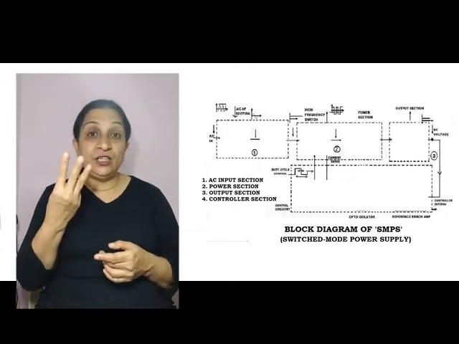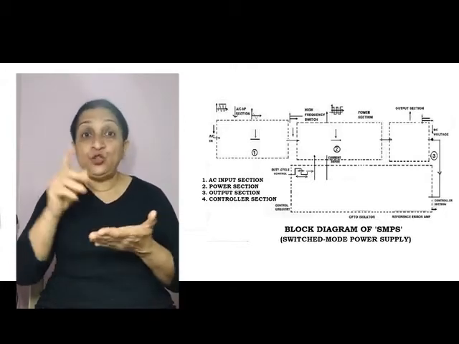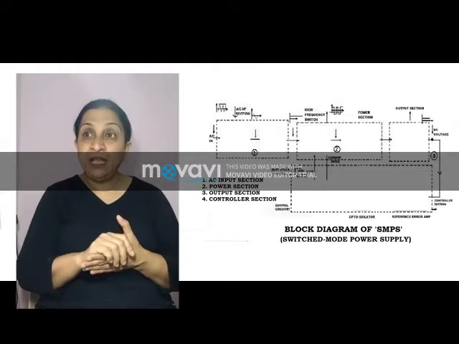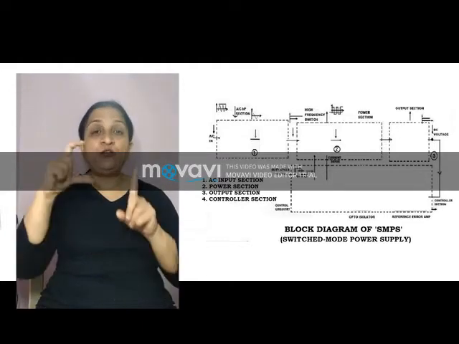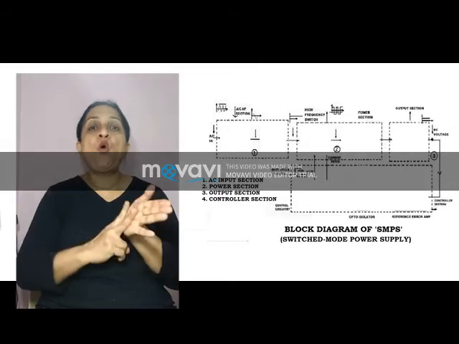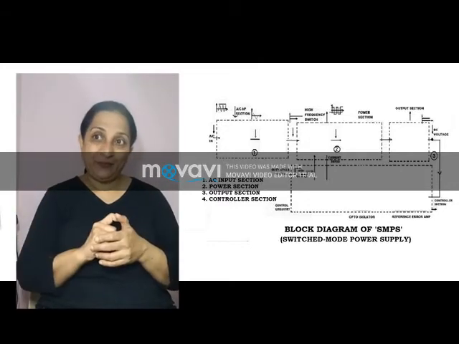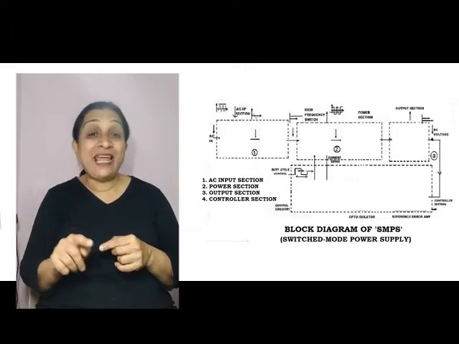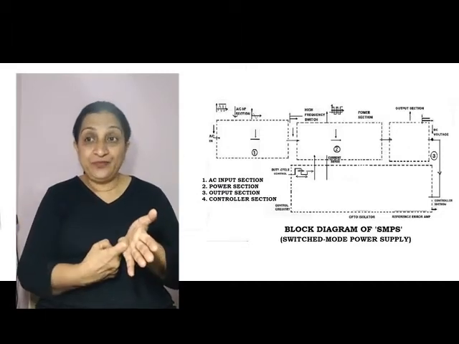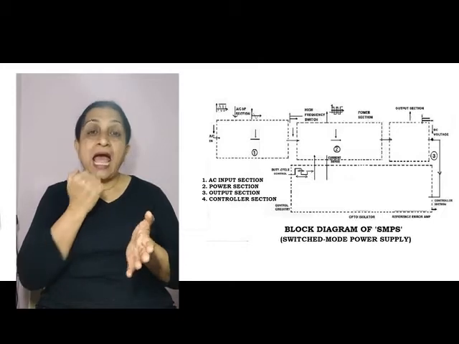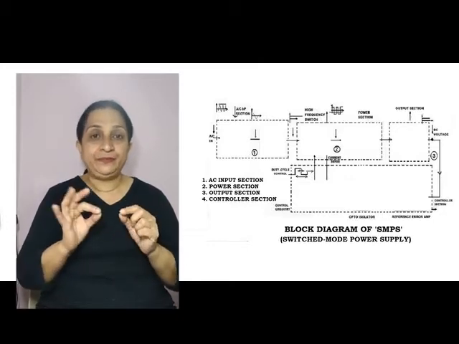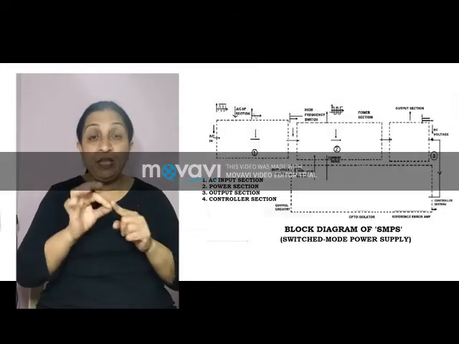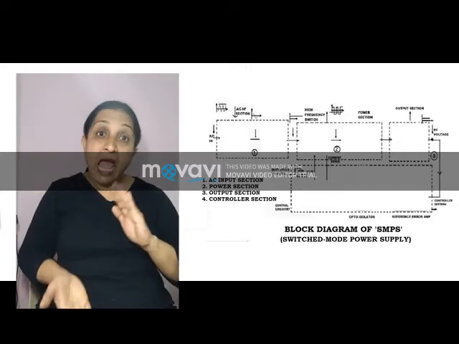Then you have the third, that is the output section, you have to write on top. Then outside that you have to write DC voltage. Then the arrow goes to the 4th section. There you have to write reference error amplification, AMP or amplification.